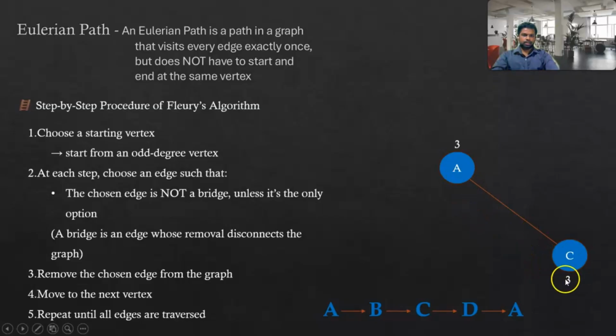And we have A and C. And from A, we'll go to C. So, we have traveled every edge exactly once, but we didn't have to start and end at the same vertex. So our Eulerian path is A, B, C, D, A and C.